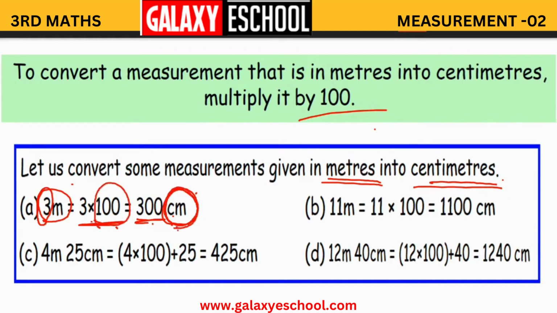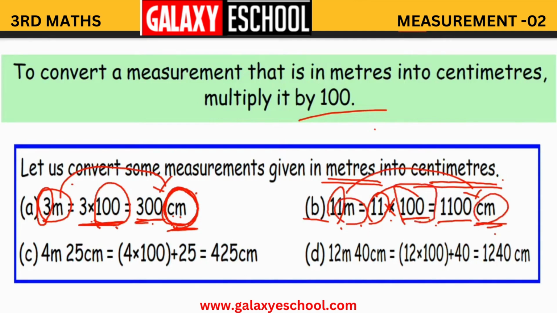As we have multiplied by 100, meters have now become centimeters. Coming to example 2, 11 meters is equal to 11 into 100, 1100, and the unit has become centimeters. As meters are multiplied by 100, the unit of measurement now is centimeters.